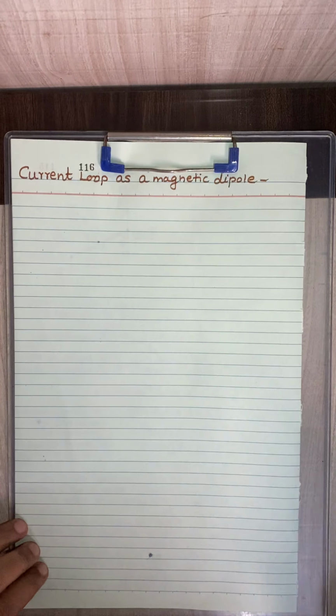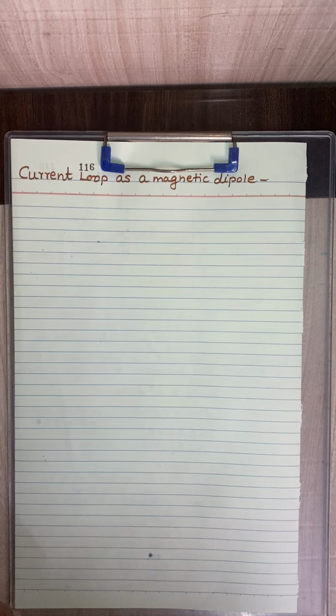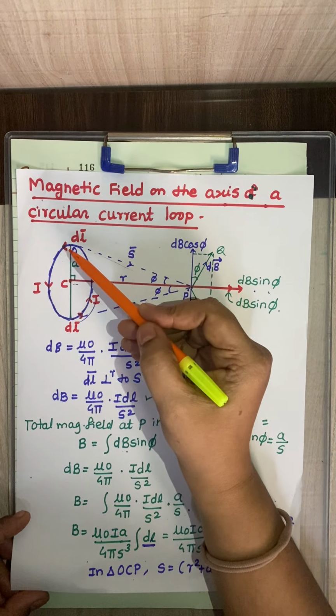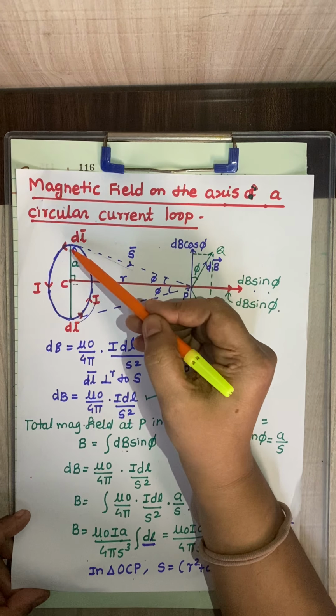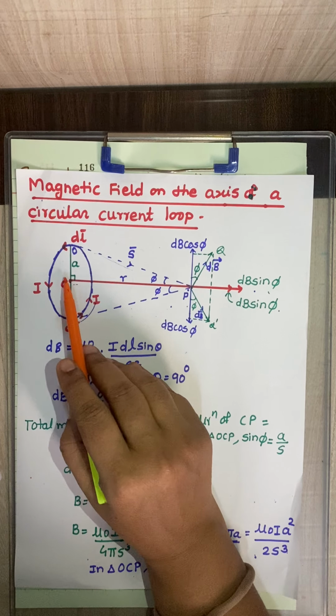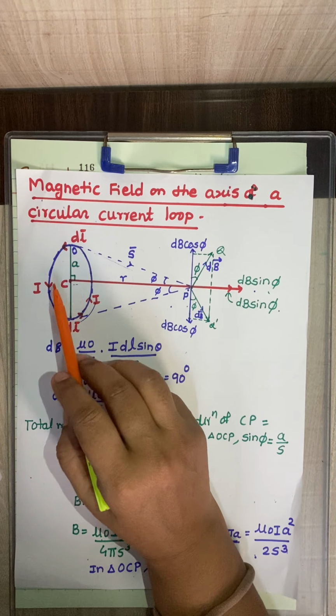Whenever we studied the magnetic field on the axis of a circular current carrying loop, you remember this is also a circular current carrying loop, and we found the magnetic field produced due to it, isn't it?